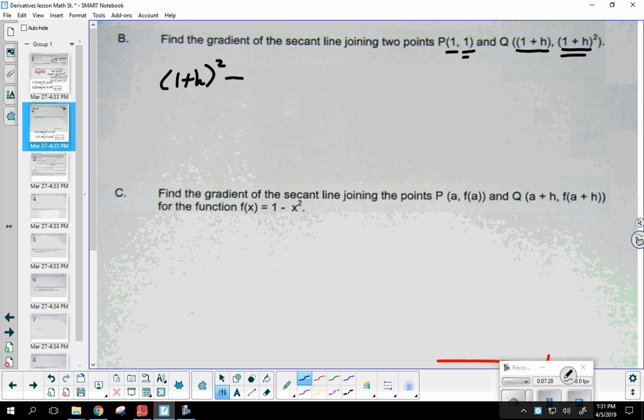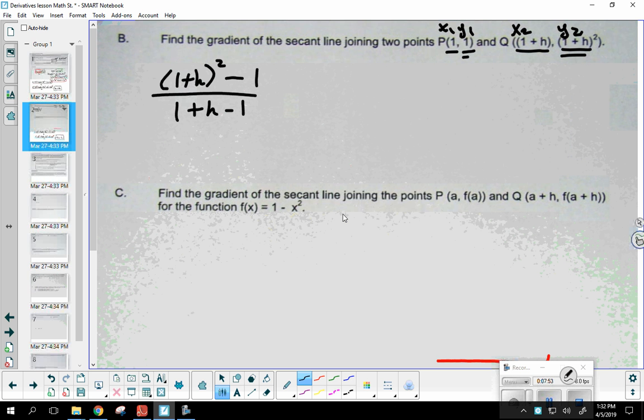Subtract the y value of the other one, 1. And then I'm going to take the difference of the x's, but I'm going to go 1 plus h minus 1. So is everybody okay with how I filled that out? Okay. I started with this one right here. Pretend this is x1, y1, x2, y2. And I just applied our slope formula.